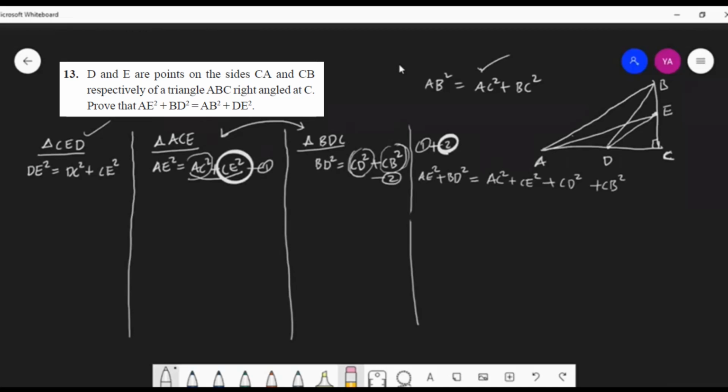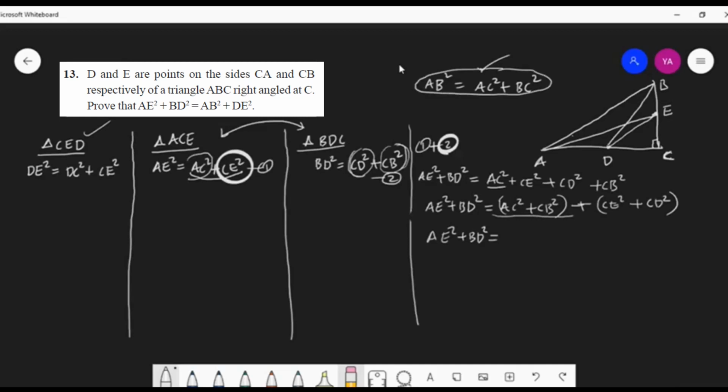So apply this result. What is AE square plus BD square? I write the same, AE square plus BD square. AC square plus CB square, I write plus. Then next the remaining two, CE square plus CD square. So look here, AE square plus BD square is equal to AC square plus CB square, which is AB square, the larger triangle, right? This is the relation: AC square plus BC square is equal to AB square.